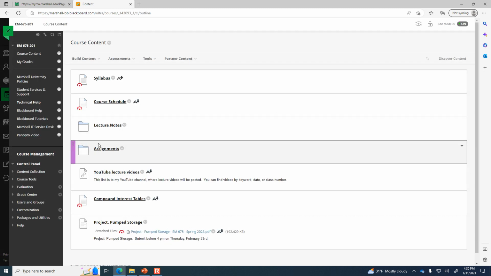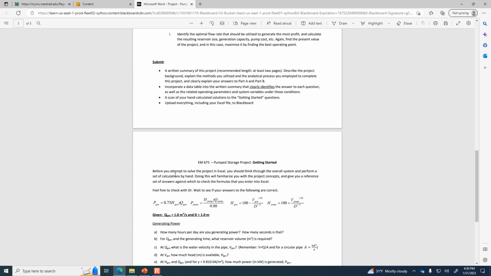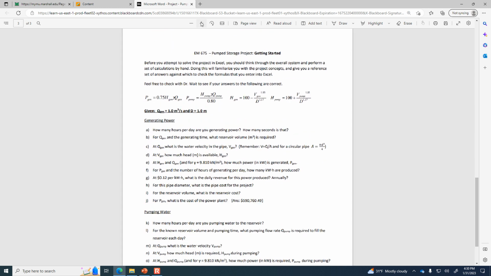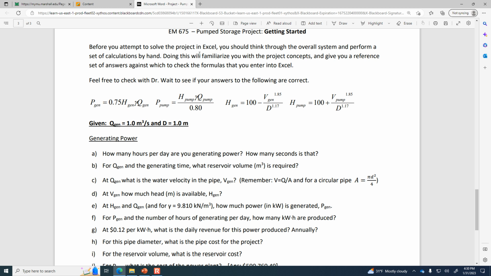The problem a lot of students were having is they were going straight to Excel without really understanding what was happening first. So in the getting started section, what I'm suggesting you do is some hand calculations. If you have a set of numbers that you're confident in, that you've done by hand, when you set this up in Excel, you can put in the numbers that you already know and look for the answers that you know are right.